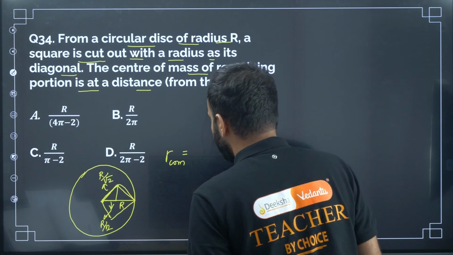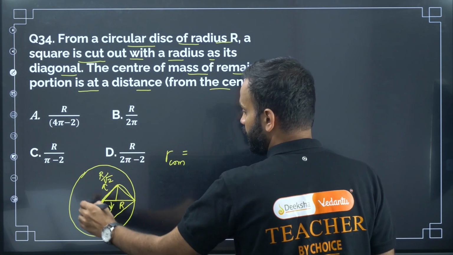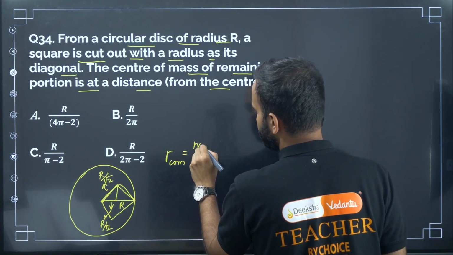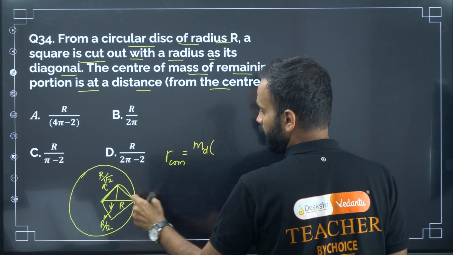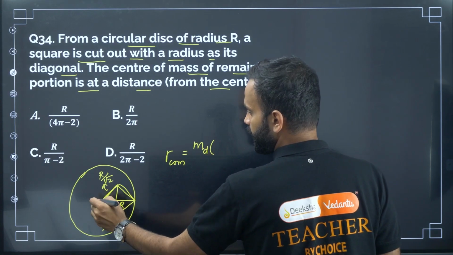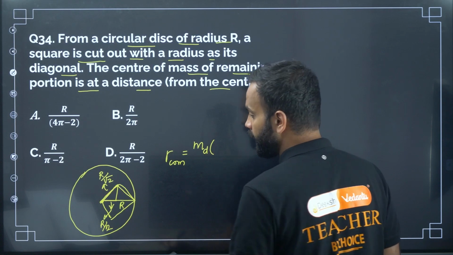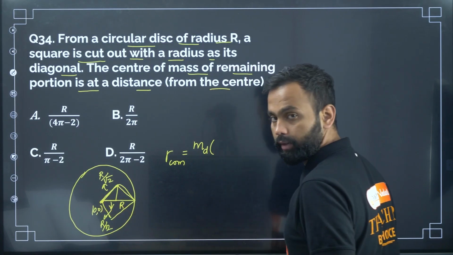So the center of mass of the remaining portion is equal to the mass of the disc into, taking this point as the origin, here this is 0, 0, right?